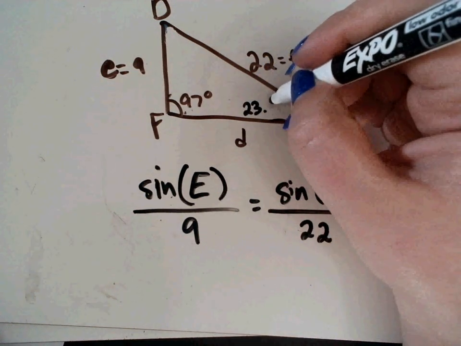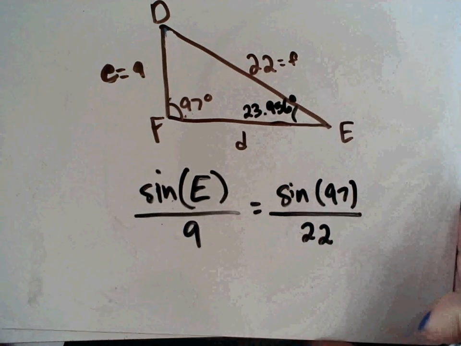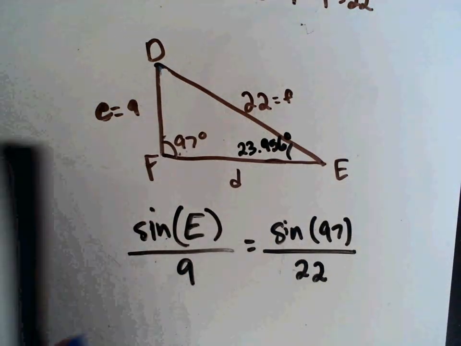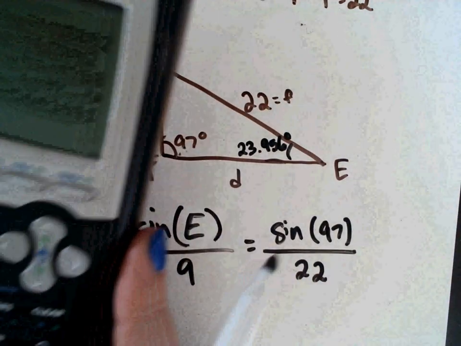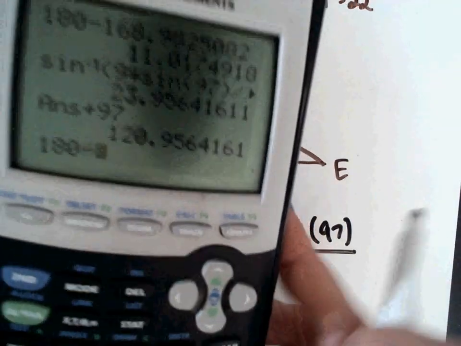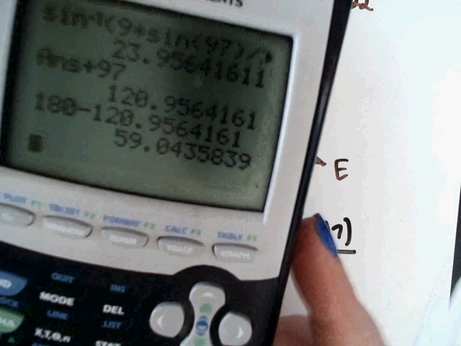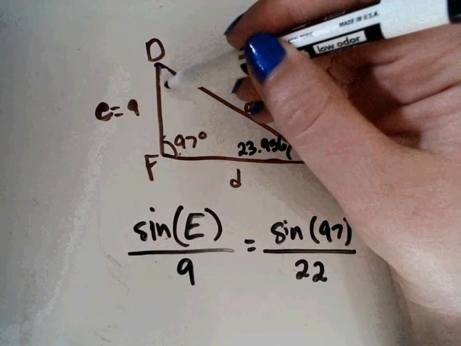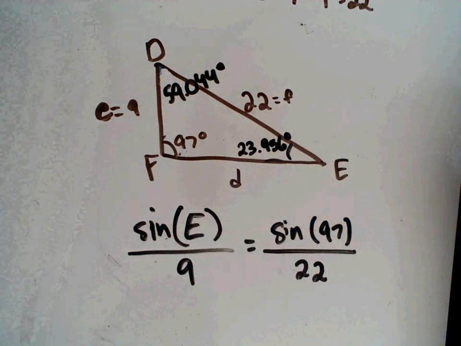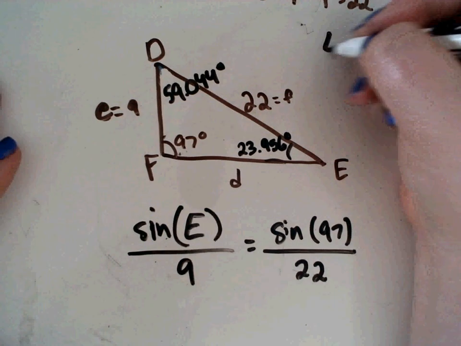So we'll let angle E be 23.956 degrees. If I know that angle and I know that angle, then I need to figure out angle D. So 23.956 plus 97, and then 180 minus that, so 59.044 degrees is that one.